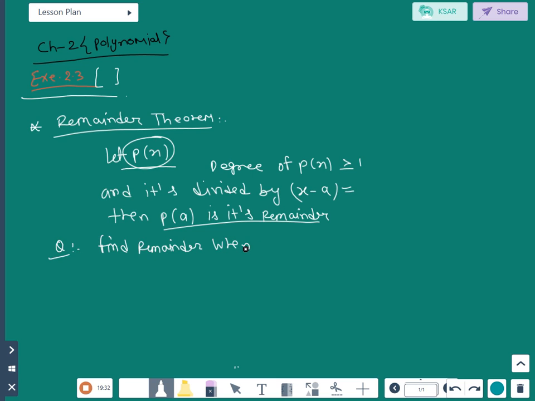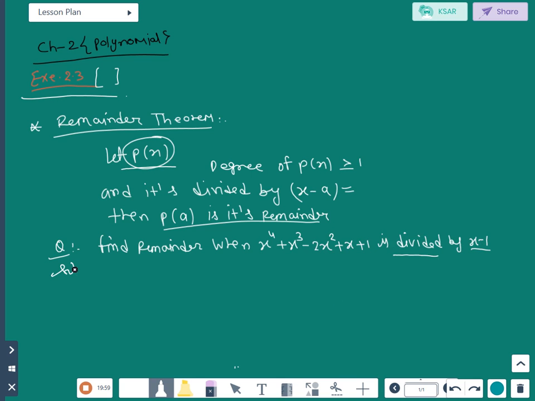That is, find the remainder when x power 4 plus x cube minus 2x square plus x plus 1 is divided by x minus 1. Already students here given to you, divided by x minus 1, then find the remainder.